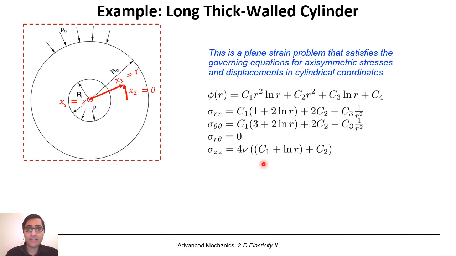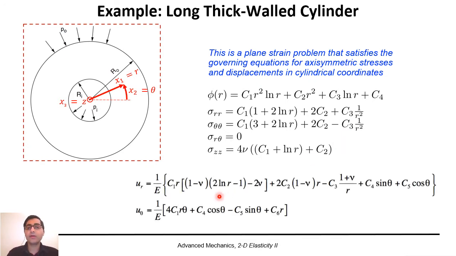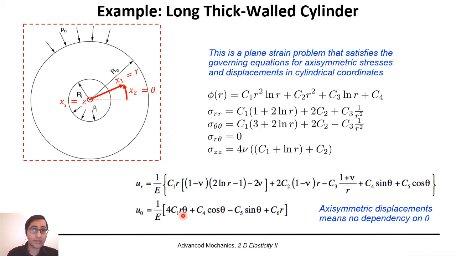Okay, let's see if we can further simplify the equations that we have. We're going to have a look at the displacement field from the equations that you've seen in the previous sections. But since it's an axisymmetric case, it means displacements have no dependency on theta. So basically everywhere that we have a dependency on theta, the constant should be 0.